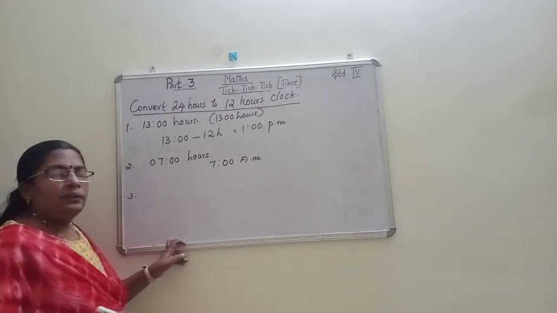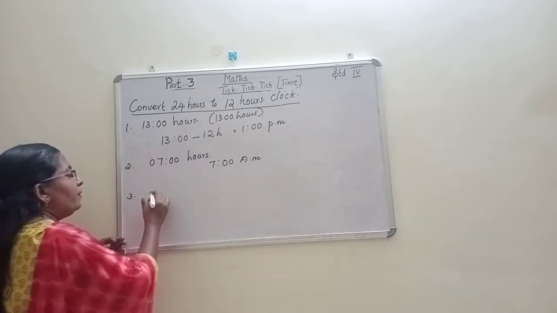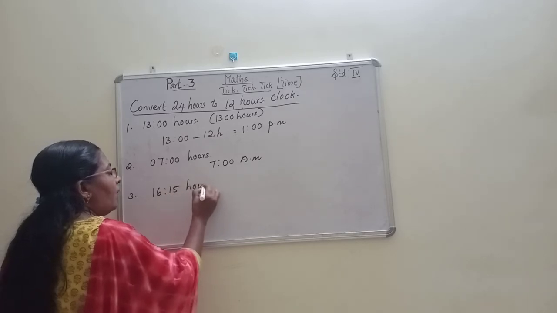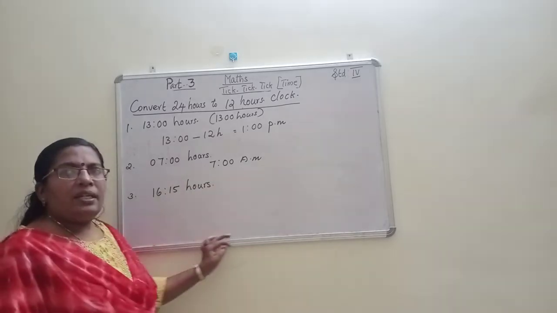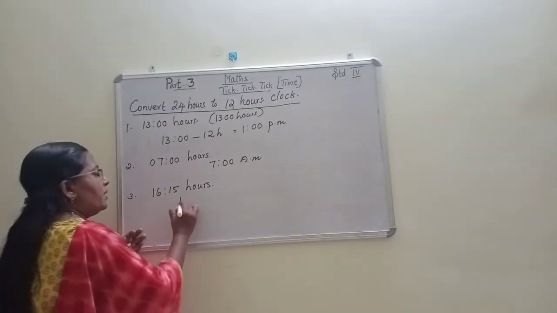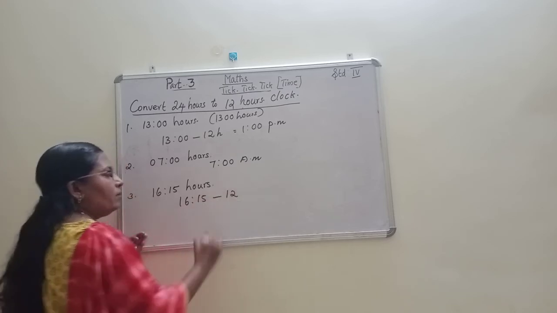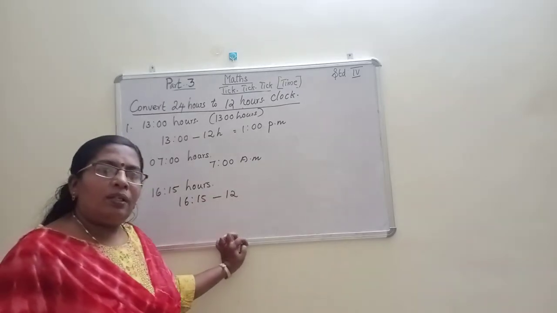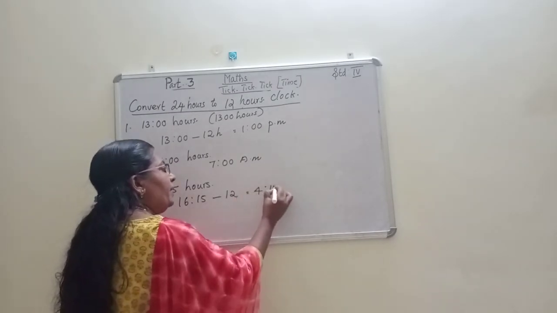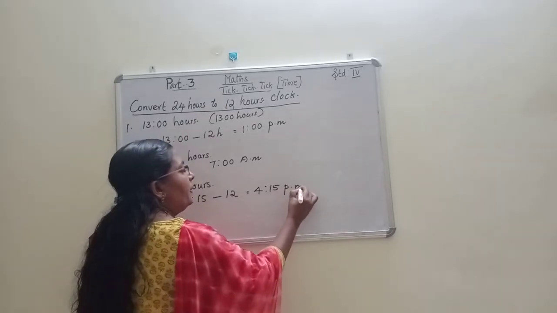Now third one, 16:15 hours to 12-hour. So 16:15 minus 12. 16 minus 12 is what? 4. 4:15, that is PM, 4:15 PM.